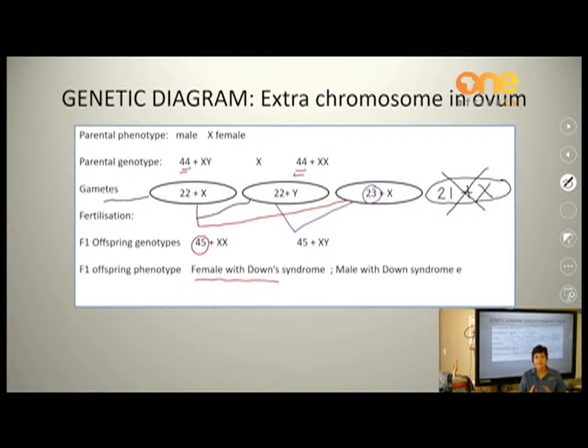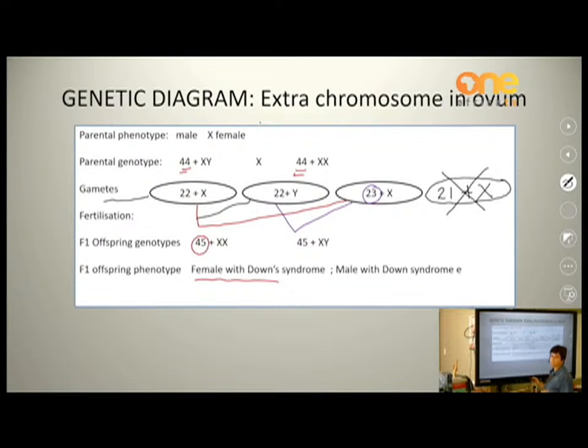That happens when we have meiosis in the female, instead of having the 23 pairs splitting one to that side, one to that side. During meiosis, it's not moving. 2 is moving to this side and none to that side. And then there are 21.